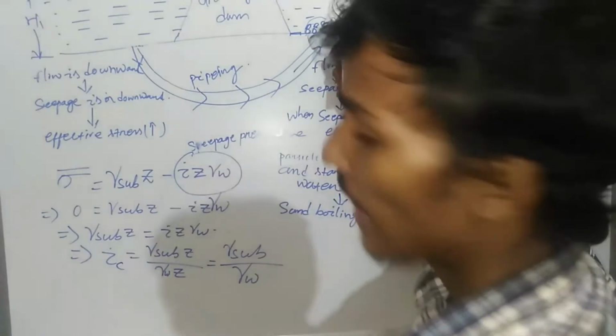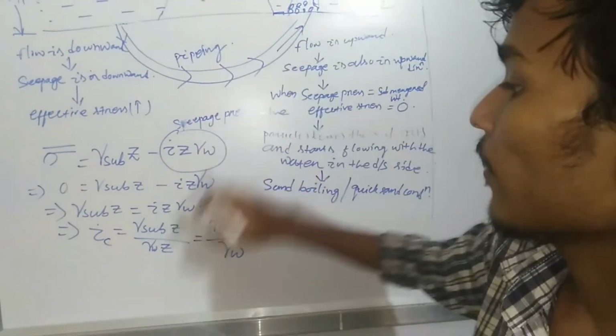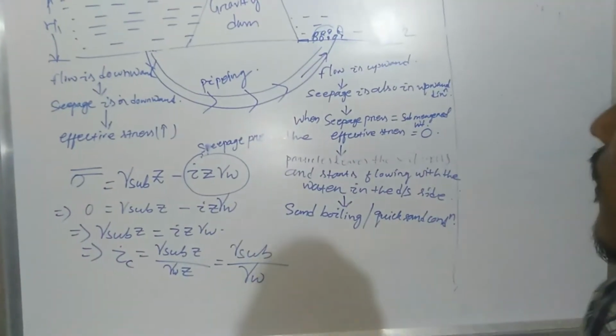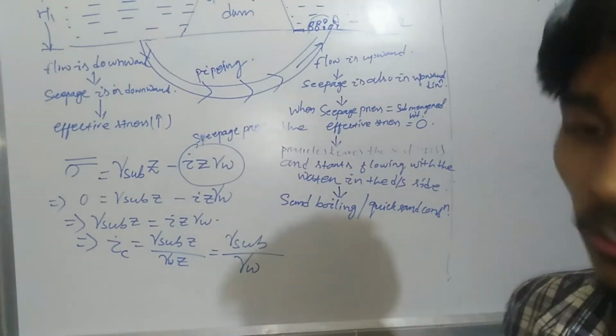When the exit hydraulic gradient equals the critical hydraulic gradient, the quicksand condition occurs.